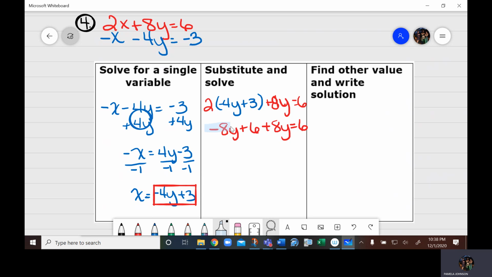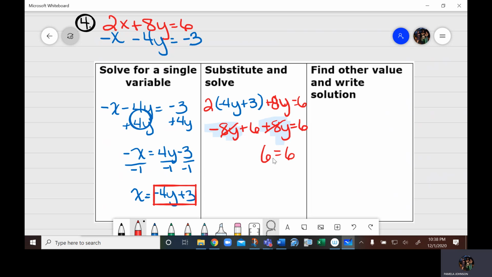Once again, we're going to combine our like terms so we can simplify this left side. So I have negative 8y plus 8y, and those are actually going to cancel each other out. They're a zero pair, so negative 8y plus 8y is going to be 0. And we're left with 6 equals 6. Once again, all of our variables are gone.